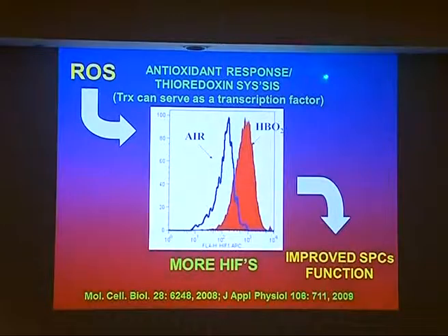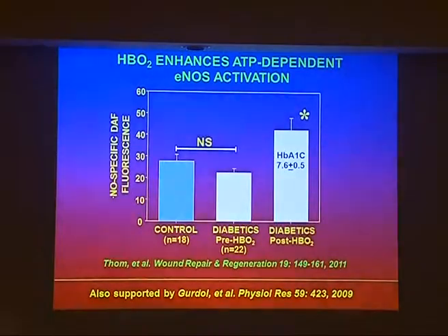We get a thioredoxin response, and this is a picture based on flow cytometry of HIF-1, hypoxia-inducible factor 1, in stem cells before and after an HBO exposure. And it's this elevation of HIF levels that is why we see improved stem cell function. The details get a bit laborious, but they're found in those couple of papers.